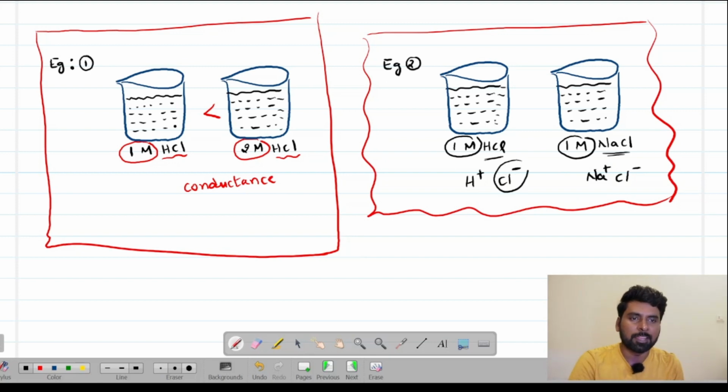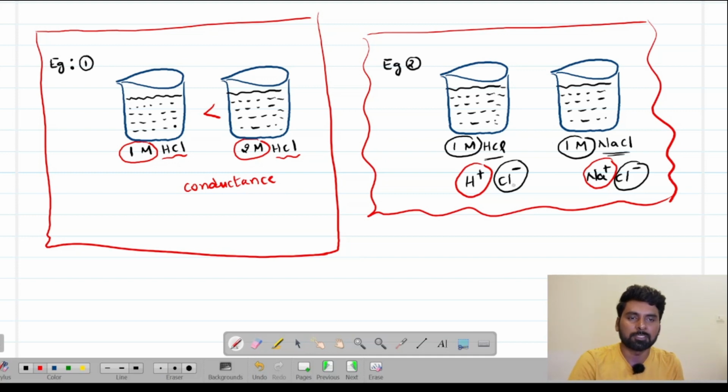So the chloride ion's contribution to the conductance of the solution in both the beakers is the same. If chloride ions are the same, its contribution is the same. So which ion is the deciding factor to tell the conductance of the solution? The cation in this case. Here H plus, here Na plus.